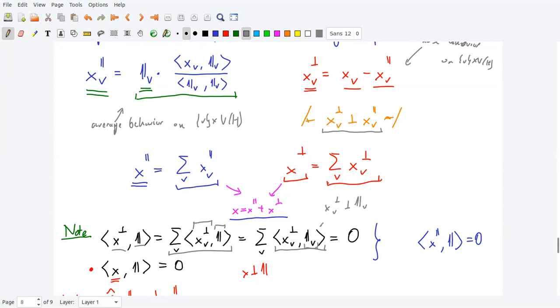So this is equal to 0 always. This means that the X orthogonal part is orthogonal to the vector of all ones.